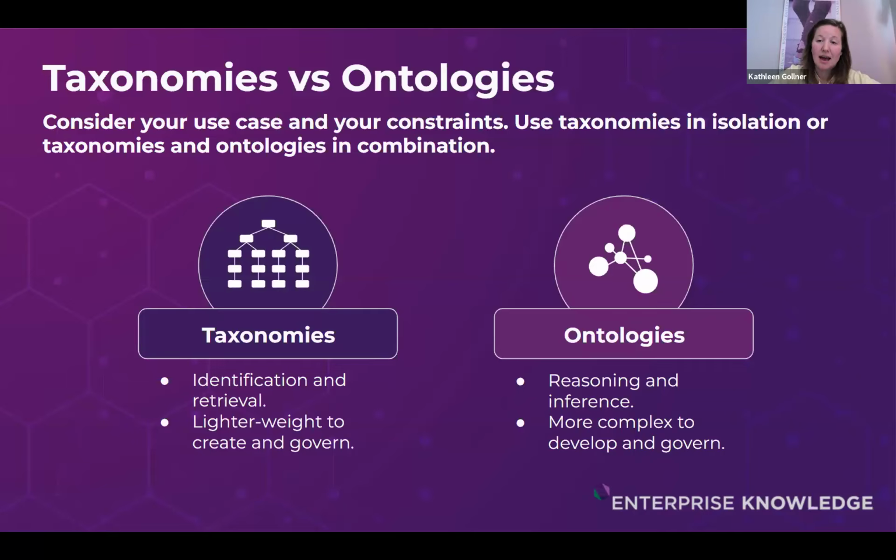Ontologies, on the other hand, are really set up to do reasoning and inference. So those scenarios we talked about where we're codifying the business logic of the organization and using that to make inferences, like deducing what product bundle I can sell in this region, or to extend further or constrain based on specific constraints or dependencies specified in my business logic. Ontologies, notably, are far more complex to develop and govern than taxonomies, so the lift there is much heavier.